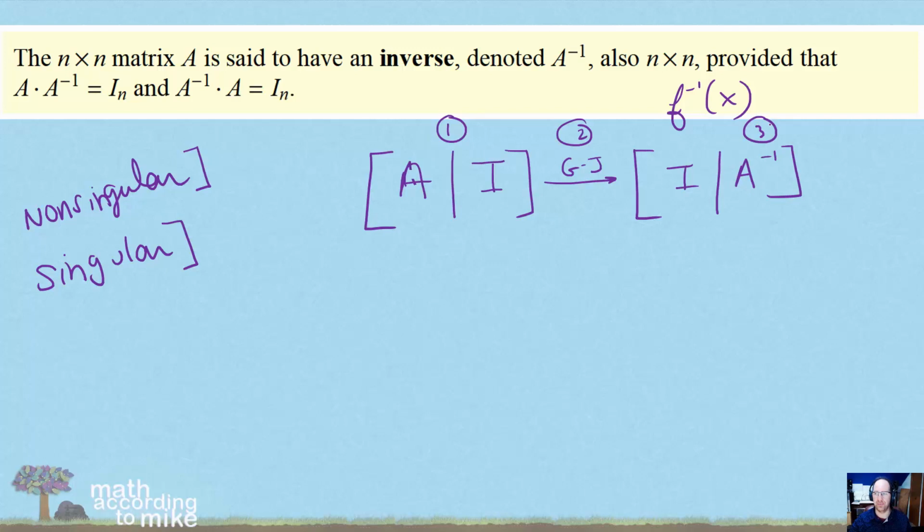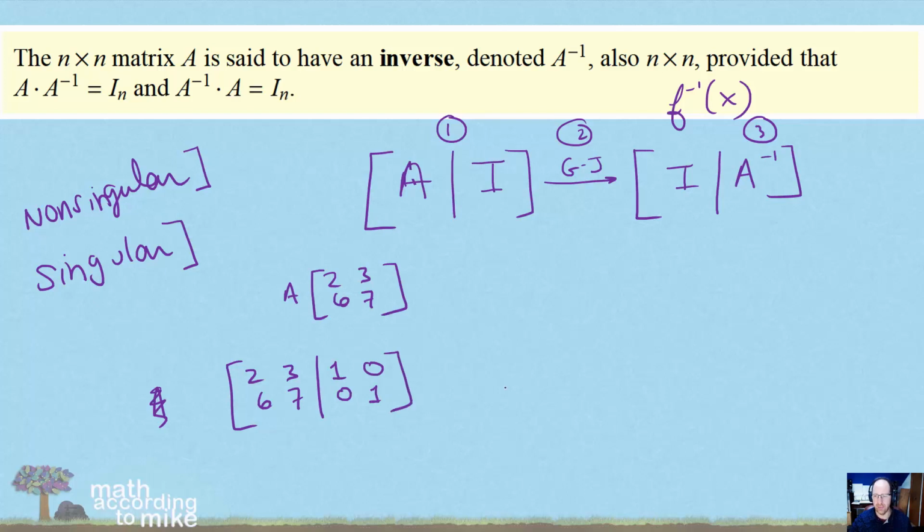So that's step 3. For example, if I had the matrix 2, 3, 6, 7 as my starting matrix, I would take that matrix and augment it with the same size identity matrix 1, 0, 0, 1. Then I would use Gauss-Jordan to get the goal on the left-hand side, and I would have 4 numbers there.